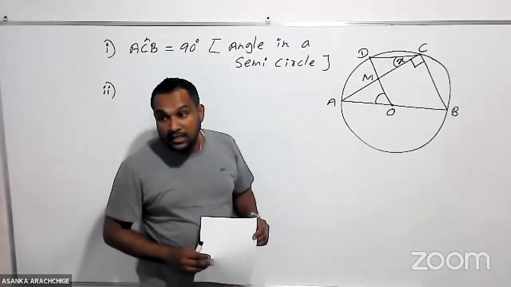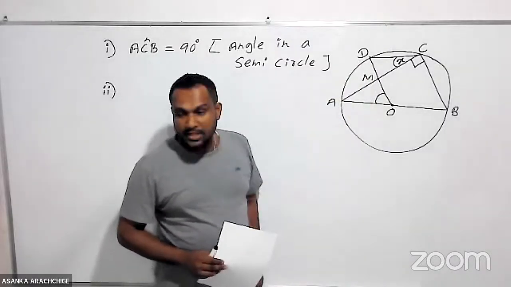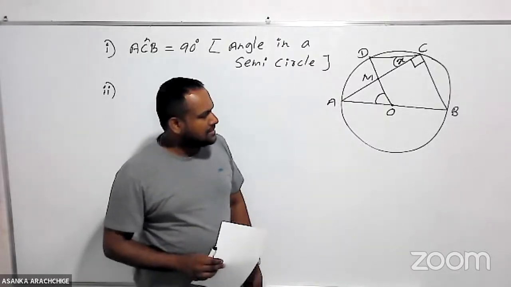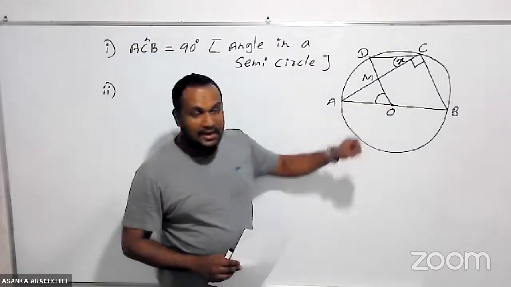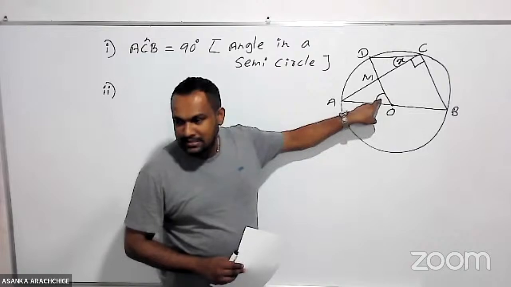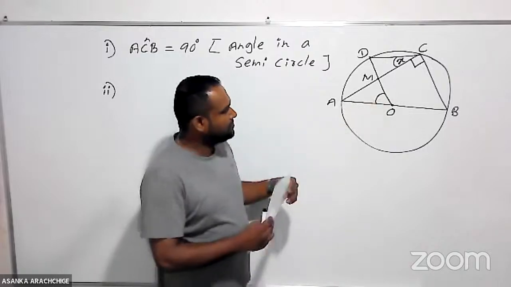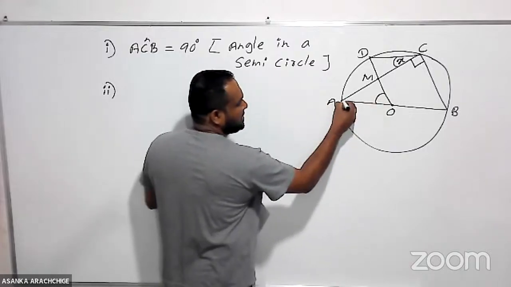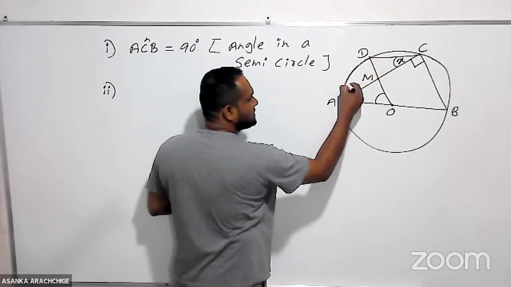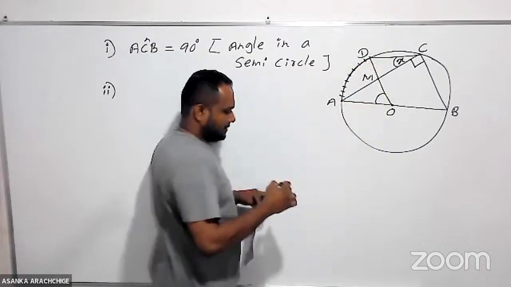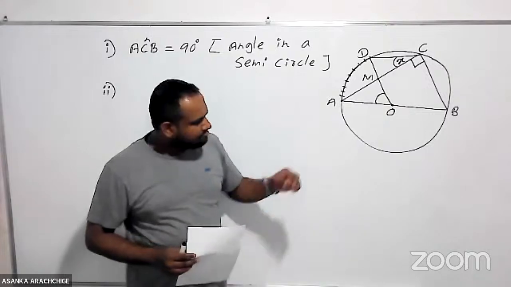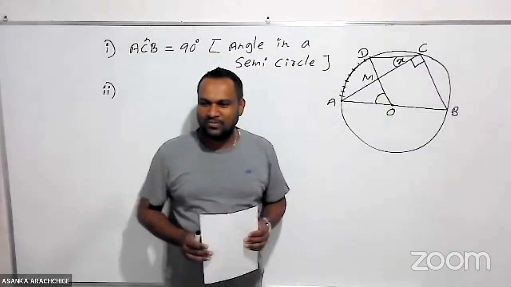What can you say about this angle AOD? What does subtend this angle at the center? This angle AOD is subtended by this arc AD on the center. Now what comes to your mind?